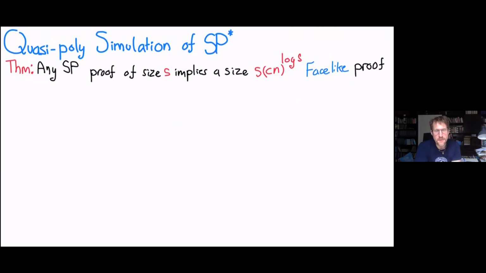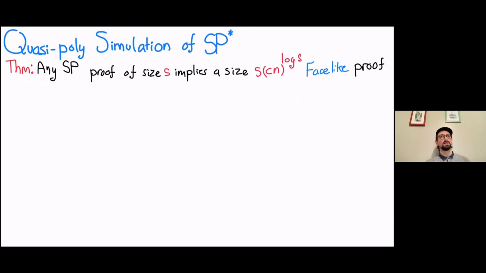Do you know if this is tight? No, I'd be really interested in knowing that. I think if you were to show that it's tight, well, you might be showing a lower bound for cutting planes on the Tseitin formulas, which would also be very cool, like a quasi-polynomial lower bound.